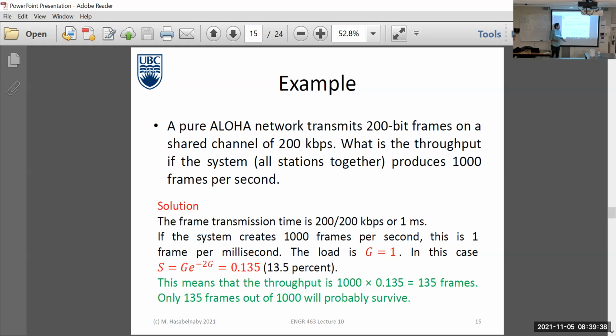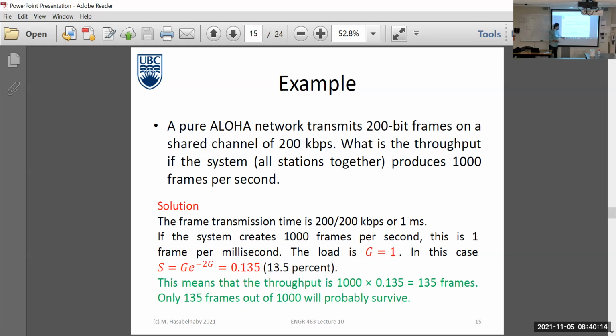As you can see, pure ALOHA is not efficient in case we have lots of users. 1,000 frames per second means that we have lots of users. We can say that each user will generate 1 frame, so we have 1,000 users. From this 1,000, only 135 successful transmissions, around 13.5%, a low efficiency technique.